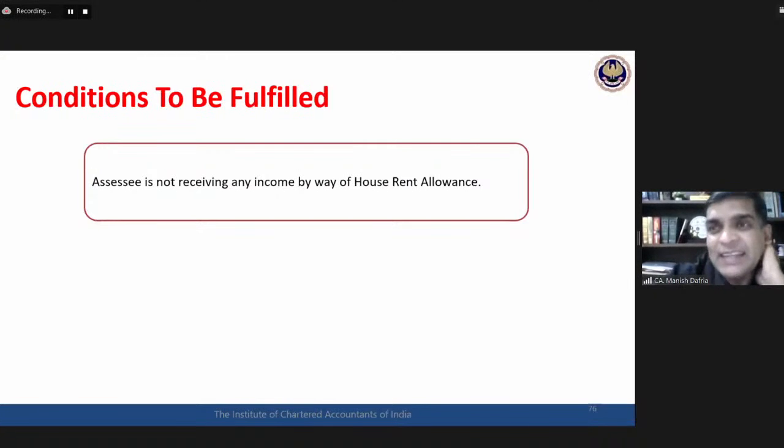If I'm getting HRA, then whatever rent I'm paying, I will be claiming a deduction from HRA. So if I'm paying rent and getting a deduction from HRA, then obviously 80GG would not be required. Only when I'm not getting any HRA and I'm paying rent for my residential accommodation, then only can I claim 80GG deduction.